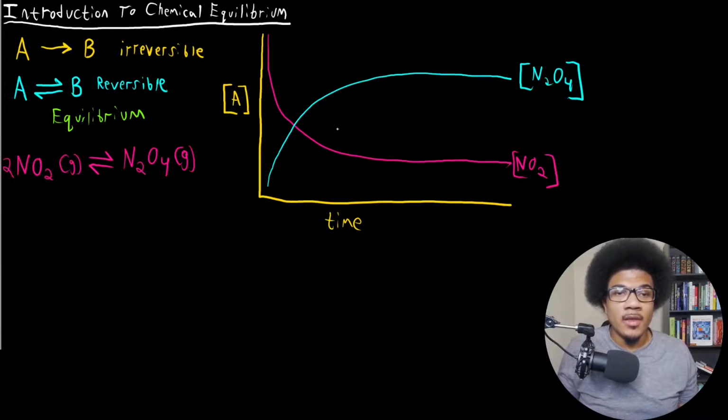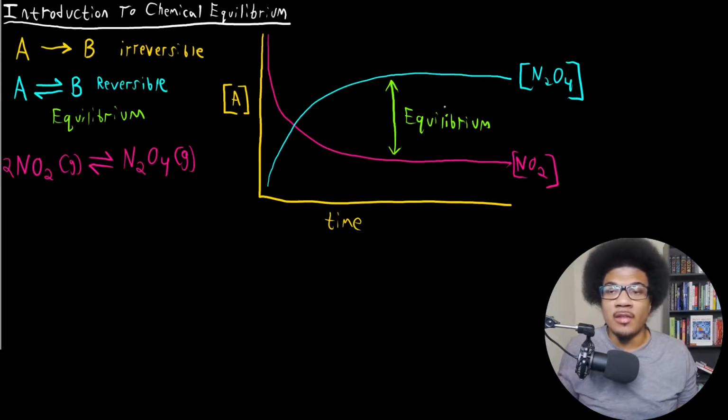Now, this point in time where the concentration of N2O4 and the concentration of NO2 is constant, this is your region of equilibrium. That's what I mean by there's no longer any change in concentration of N2O4 and no longer any change in concentration of NO2.